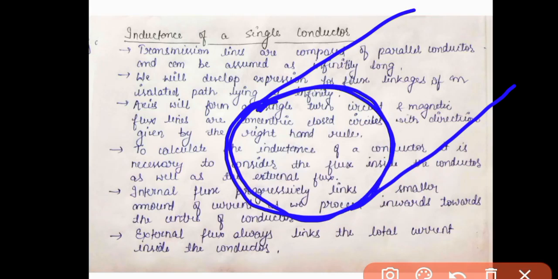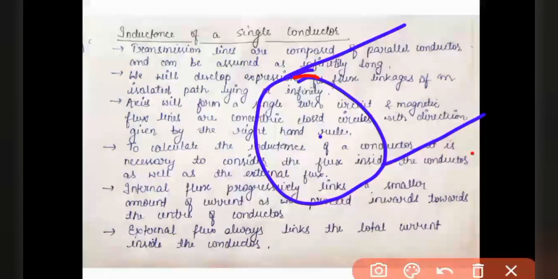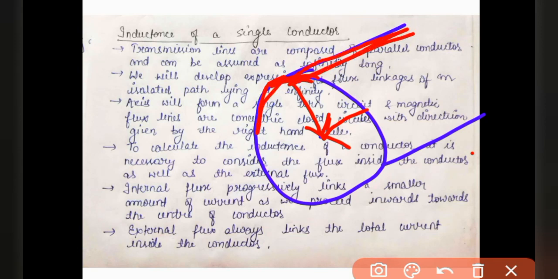If we move from the surface to the center, it is seen in AC that there is some decrease in the current. It means the current flow at the surface of the conductor is maximum as compared to the center of that conductor.